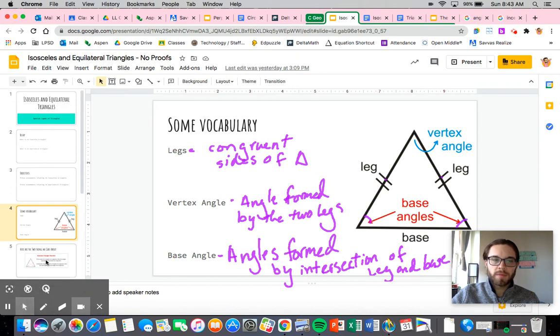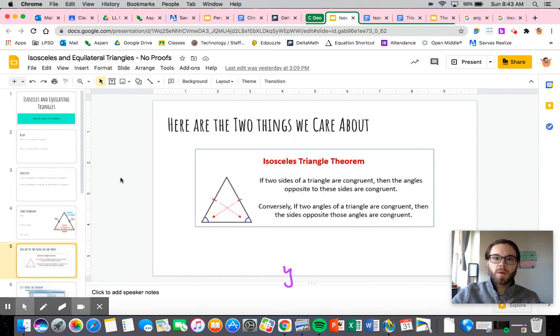Okay. So here are two of the big things that we really care about when we're solving problems. There are two theorems here: the isosceles triangle theorem, and then its converse. If two sides of a triangle are congruent, then the angles opposite those sides are congruent.